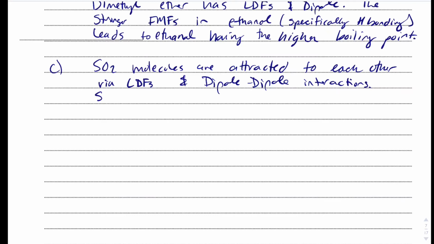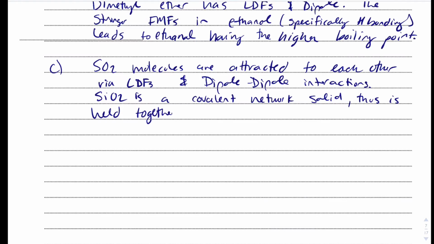Now, SiO2 is a covalent network solid, and thus is held together via covalent bonds.